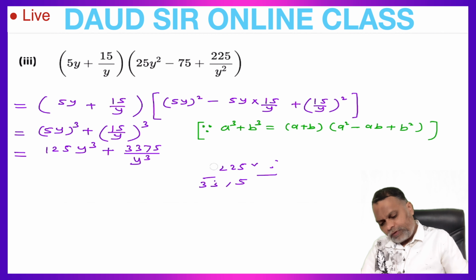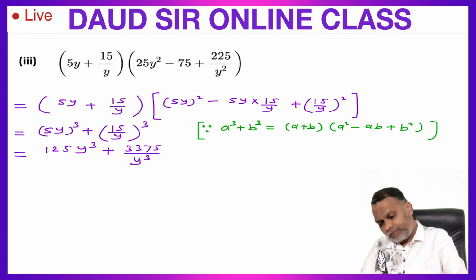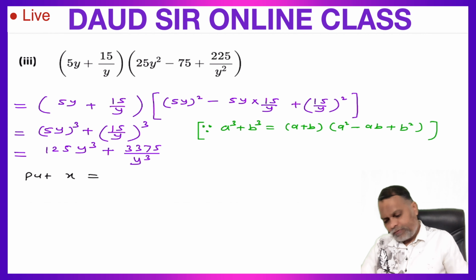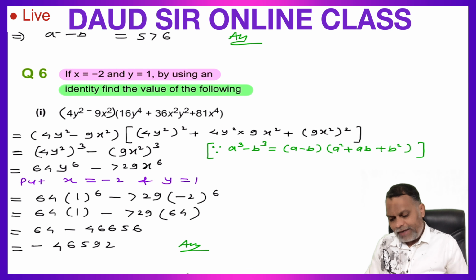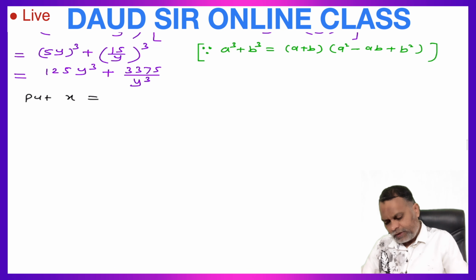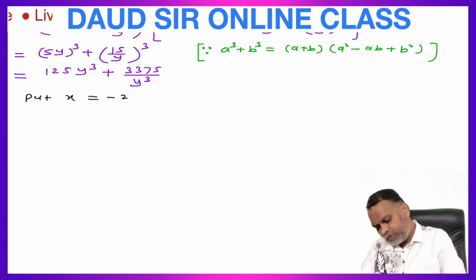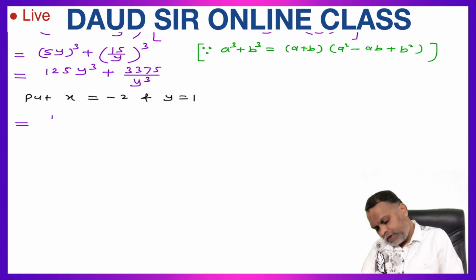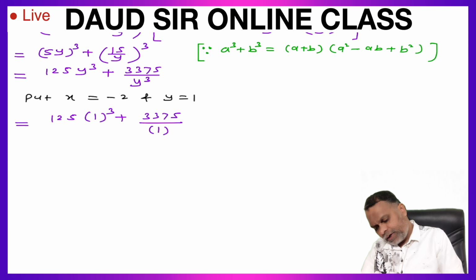Now we can substitute the value of x and y here. Put x is equal to minus 2 and y is equal to 1 given. Here no x, so just substitute the value of y only. 125 y cube 1 cube plus 3375 upon 1 cube.